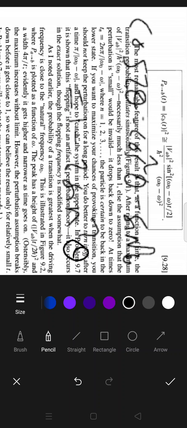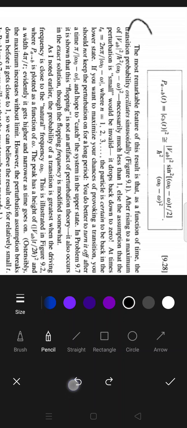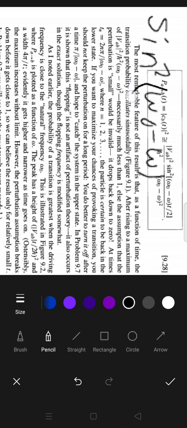So now sin square of (omega naught minus omega) t by 2 can be written as 1 minus cos of (omega minus omega naught) t, whole by 2.